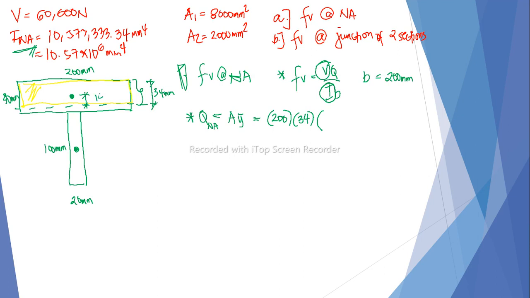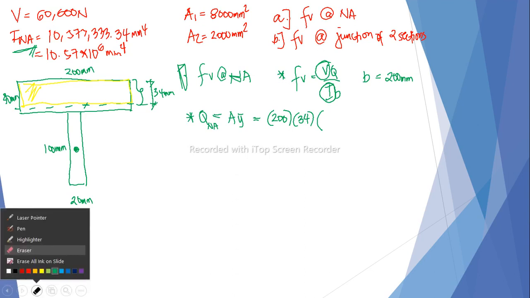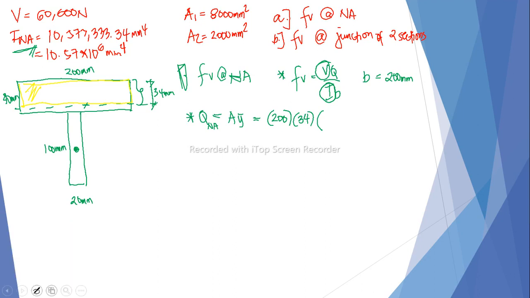It is no longer 14 millimeters because our area is new. From the top going down to the centroid of this new area is 17 millimeters.